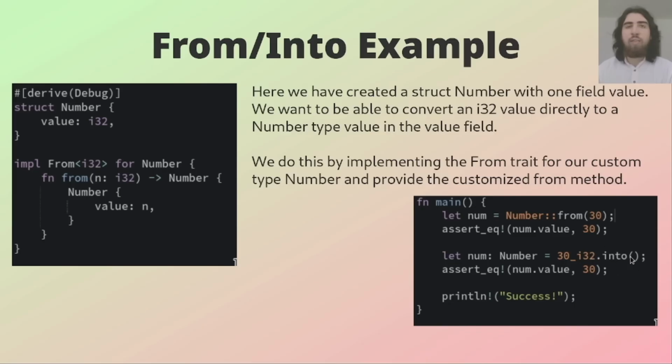But when you use into, a type annotation is needed, so the compiler knows into what type you want to convert this type, right? So we convert here a type of i32 into a Number, and this would be the implementation.